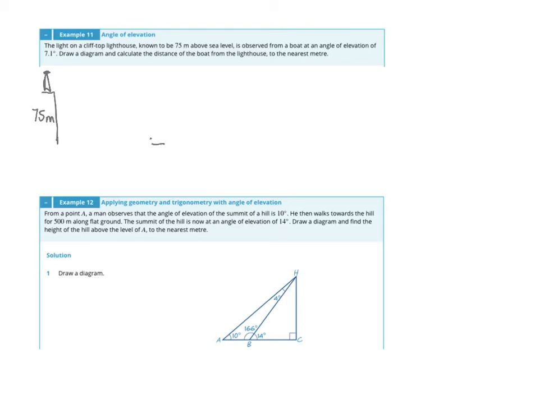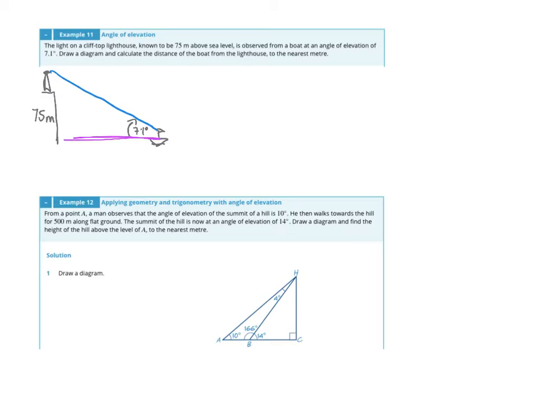So you've got your little boat down here, and here's my horizontal, and the angle of elevation for that is 7.1 degrees. It says calculate the distance of the boat from the lighthouse to the nearest meter.